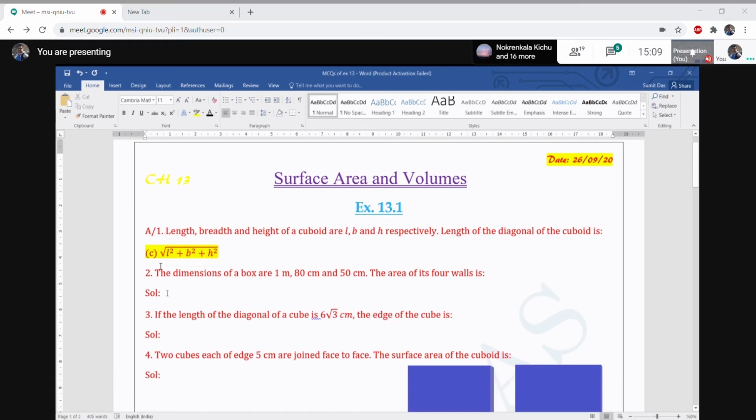Next question: dimensions of the box are 1 meter, 80 centimeter, and 50 centimeter.